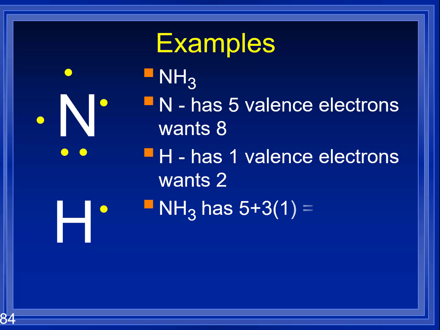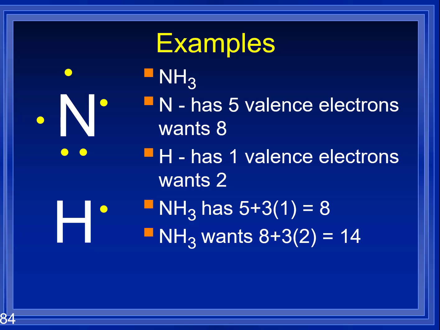So my have number is 5 for the nitrogen plus 3 times 1 for the hydrogens, which is 8. When I'm done, there should be 8 dots drawn. My happy number is 8 for the nitrogen, plus 2 for each hydrogen times 3, so my happy number is 14.